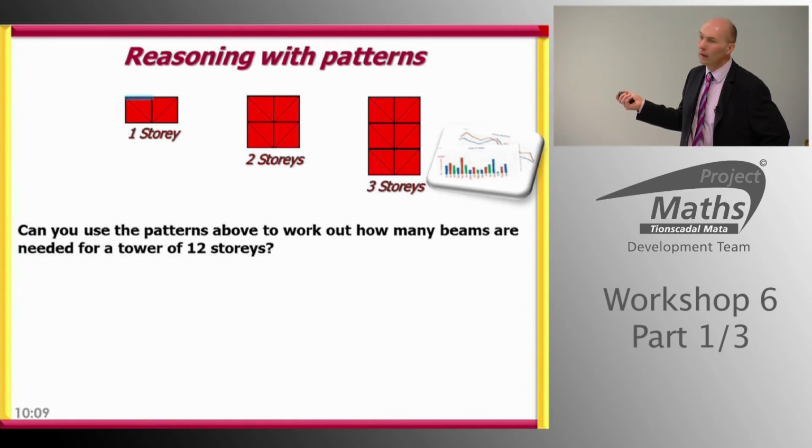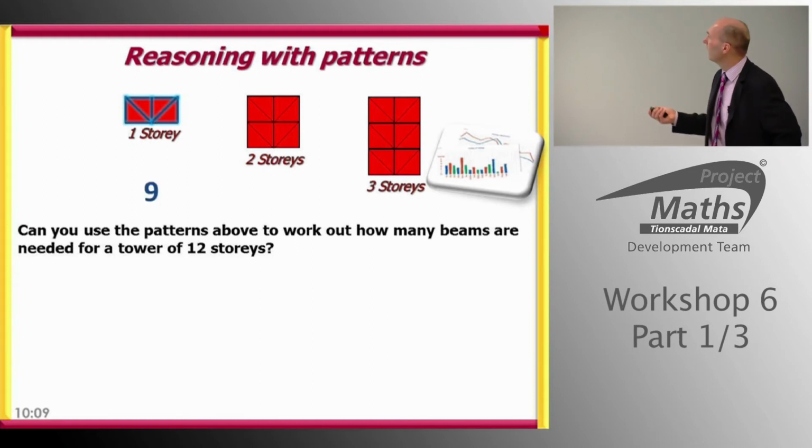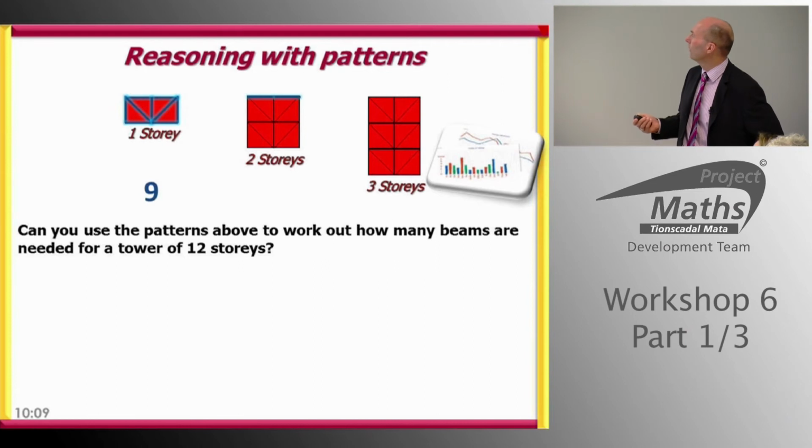Now, a beam, okay, that's 1 beam, 2 beams, 3, 4, 5, 6, 7, 8, 9 beams. Is that fair enough? 9 beams there. This next one, 1, 2, 3, 4, 5, 6, 7, 8, 9, 10, 11, 12, 13, 14, 15, 16 beams.